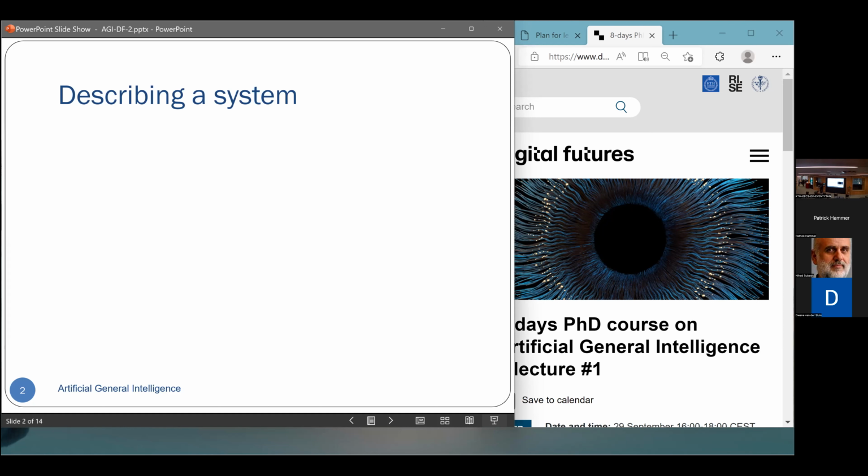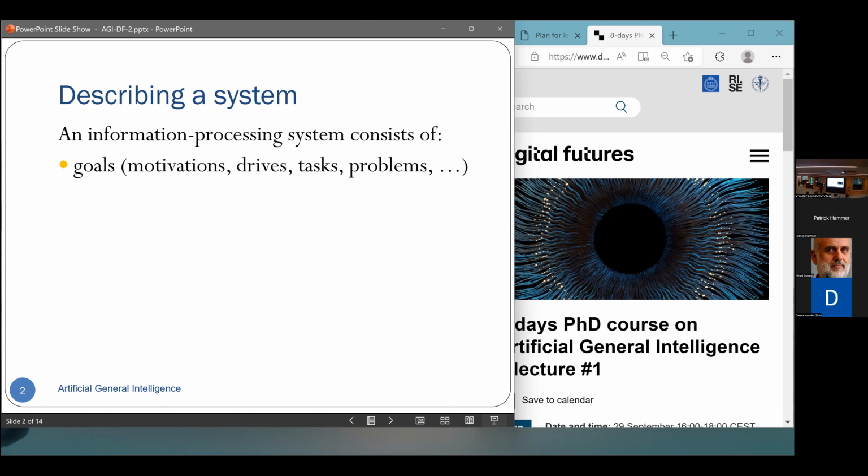So first, the big picture. When you describe a system in this context, what you're supposed to do. According to my framework of analysis, actually this is also shared by many people. The most important components in this context, or what we call an information processing system, consist of three major components.